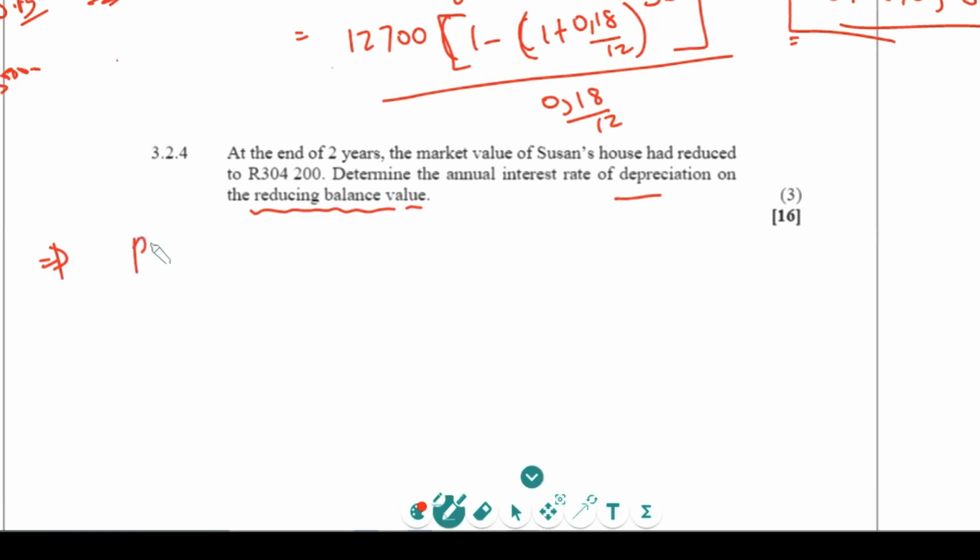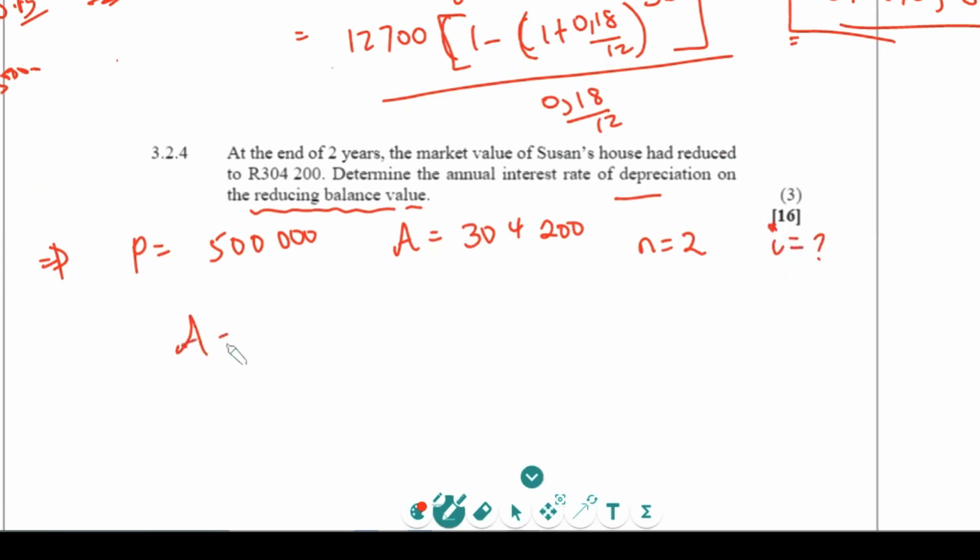So our P, the initial value, will be the 500,000, and then our A is going to be the 304,200. Then our N, they said after 2 years, they want us to determine the I.